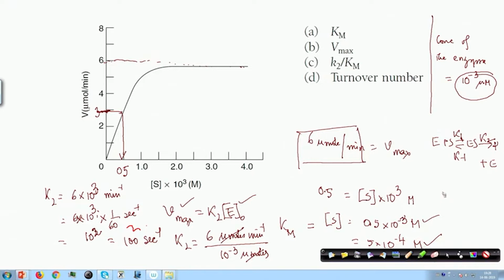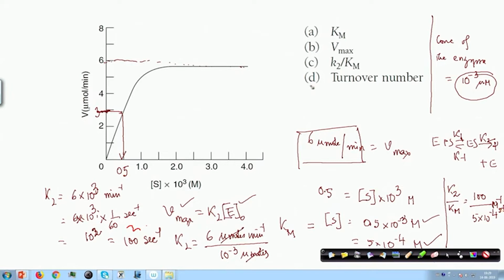So, K2 by Km is equal to, basically K2 is 100 second inverse divided by 5 into 10 to the power minus 4, and that will be M inverse, and K2 has a second inverse. So, the unit will be M inverse second inverse. So, you can calculate this and then find out what is the ultimate value.